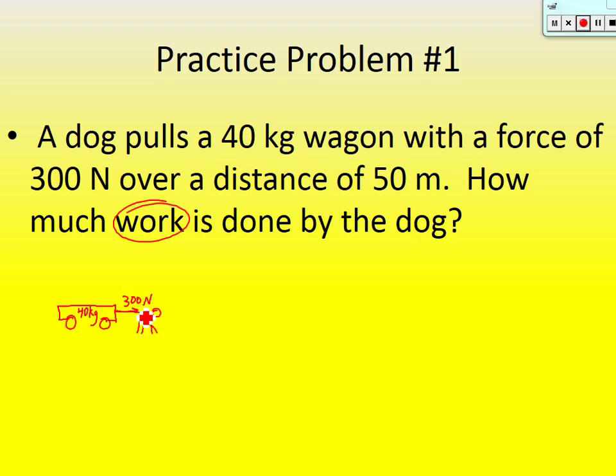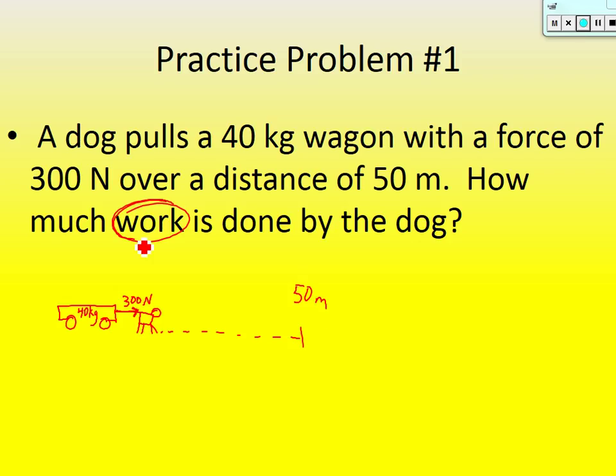So there must be some tension in this rope, or maybe it's the actual handle of the wagon that's attached to the dog. It's got 300 newtons of force there. And this dog is going to move it a total of 50 meters. Okay. There's my picture. I've labeled everything, and now let's answer the question.